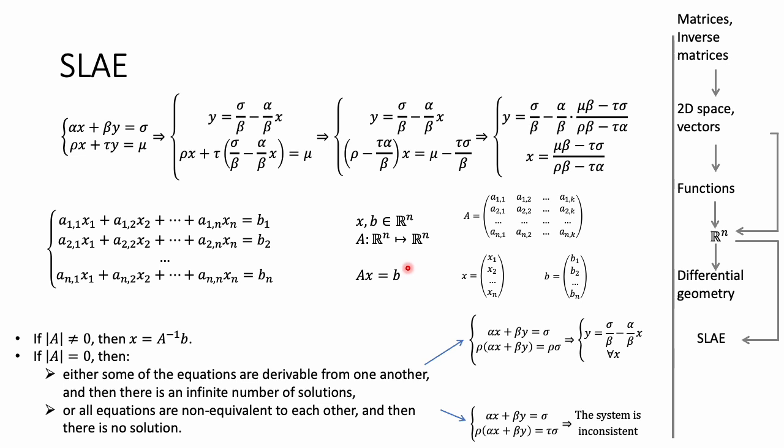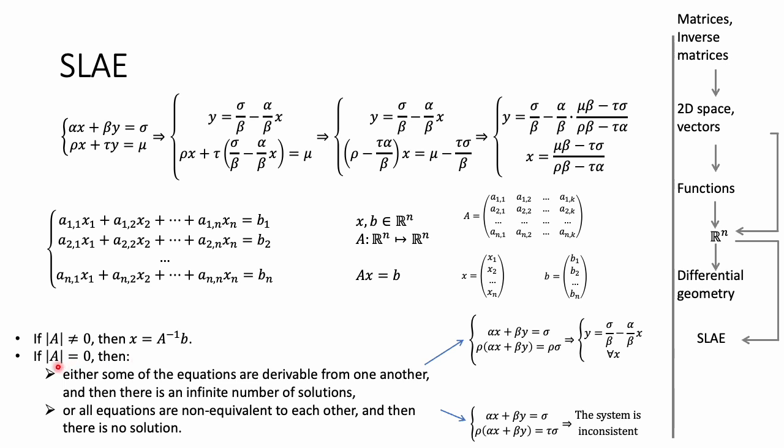So in which cases does this equation have solutions? Here we recall the same two cases and the same two subcases as we have already discussed. If the determinant of the matrix A is non-zero, then x can be relatively easily found just by inverting the matrix A and multiplying it by B.